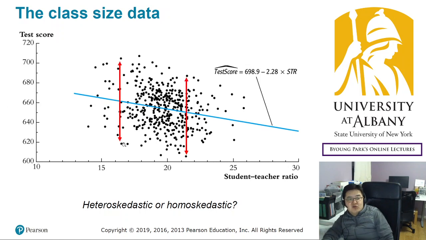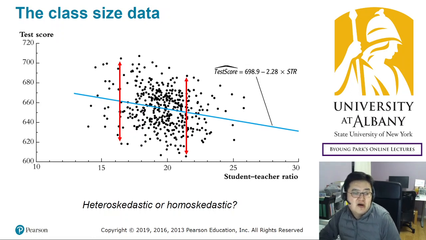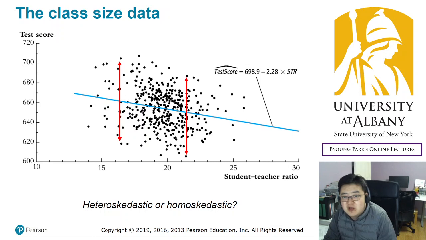So you can imagine something like this. The dispersion here and dispersion here are similar, no matter where you choose. It looks like the dispersion is similar across different values of student-to-teacher ratio. So in this case, I think it's a good example of homoscedasticity, which will make the formula much easier.